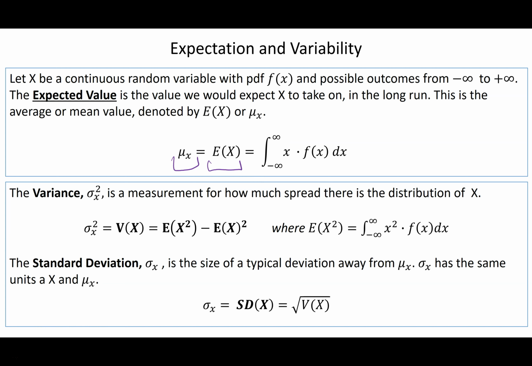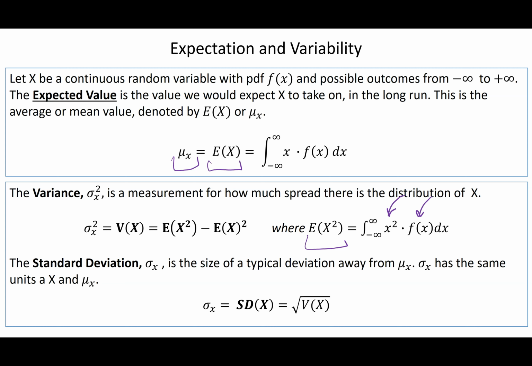And then the variance is going to look very, very similar. The equation will be the same. It's going to be the expected value of x squared minus the expected value of x, squared. The only thing that's changing is we're not using a summation, we're using an integral. So the expected value of x squared, we're now going to have x squared times f of x.